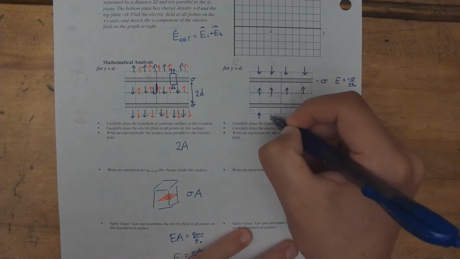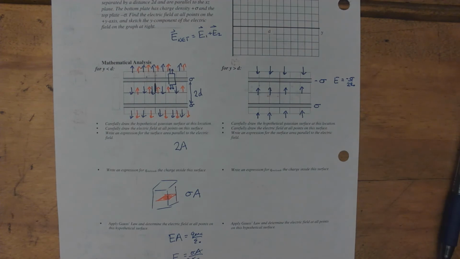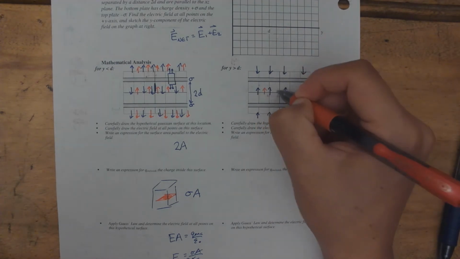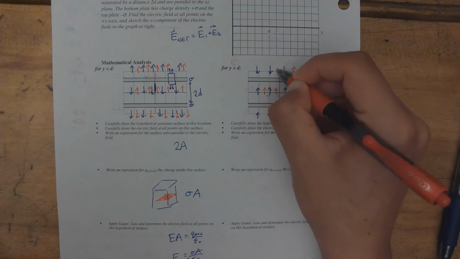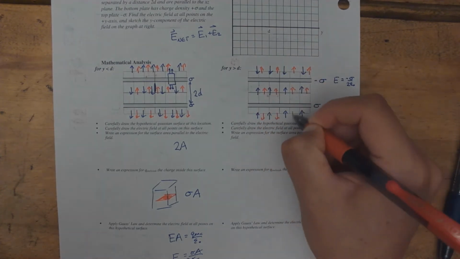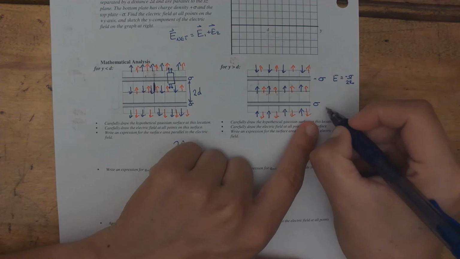So it's pointing towards, and towards. And then for this one, because it's positive charge, it points away, and away, and away. Okay, now the magnitude is the same.